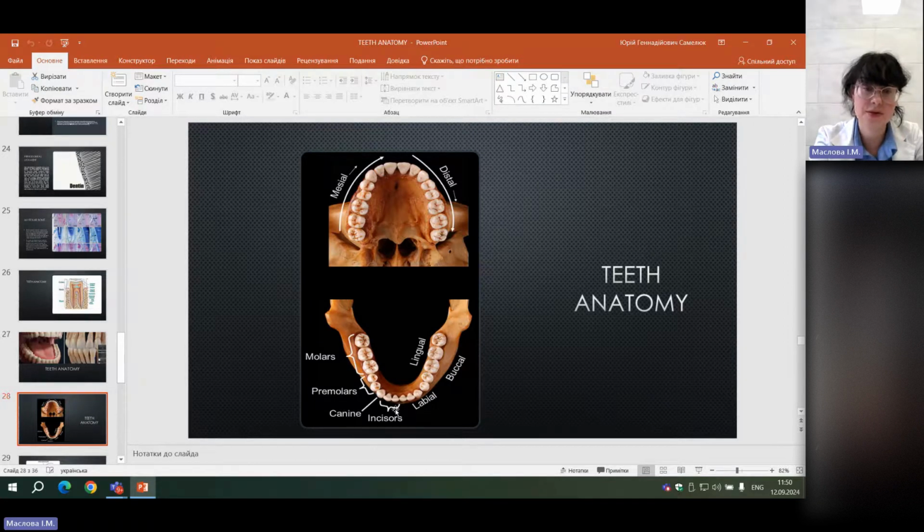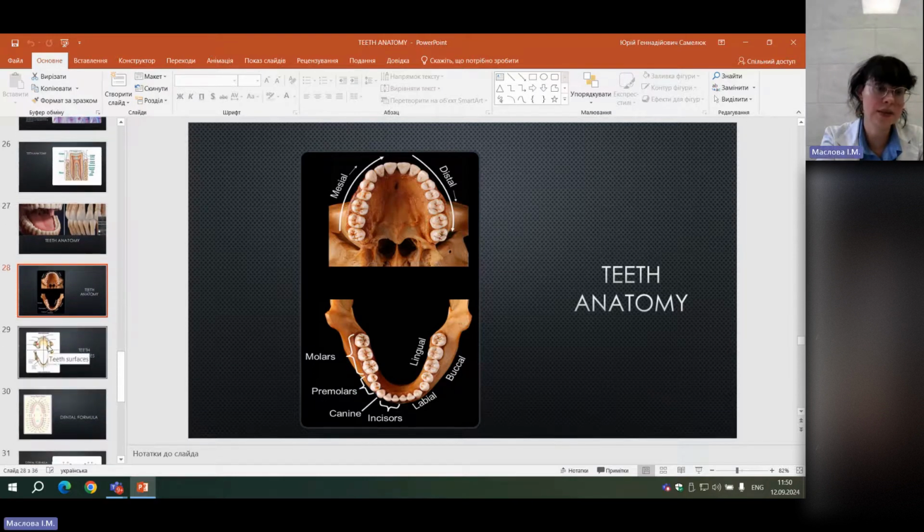The labial surface is the surface which you can see in the frontal incisors and canine. Starting from the first premolar, you use the term buccal surface.